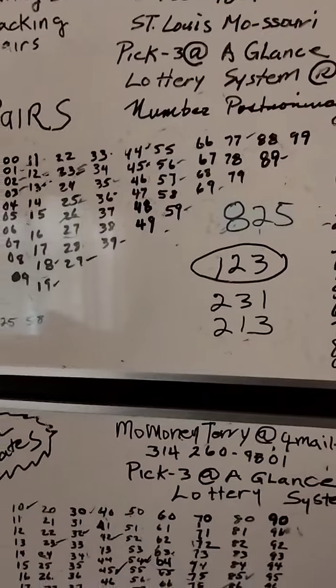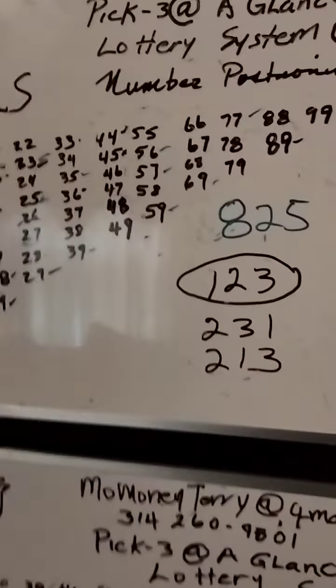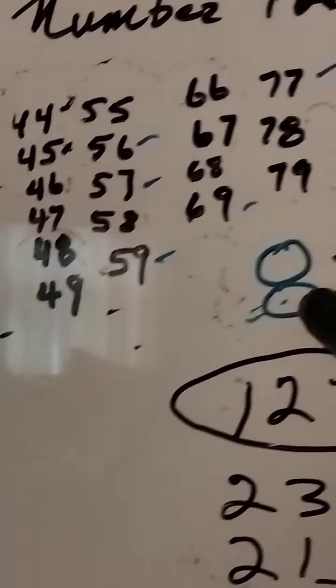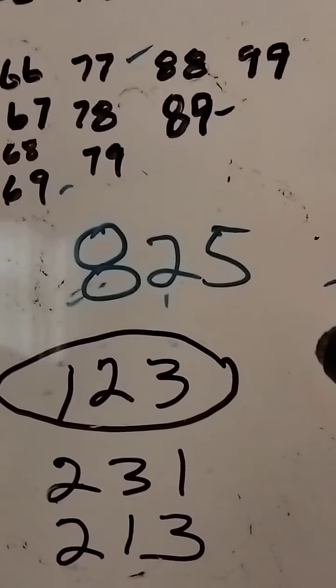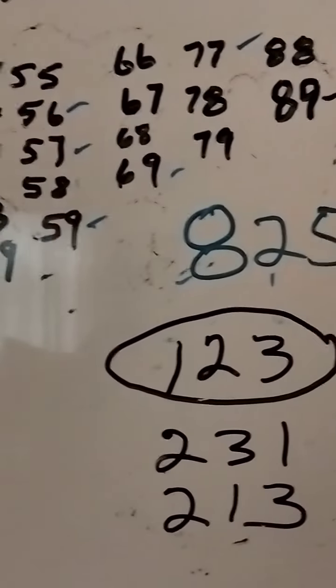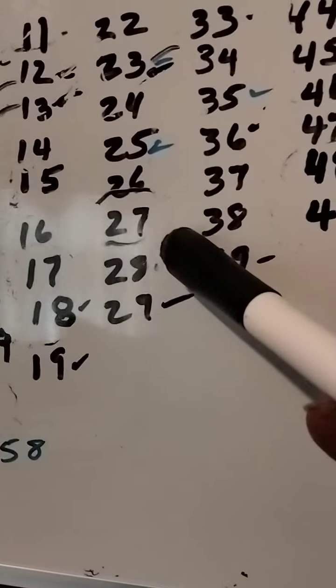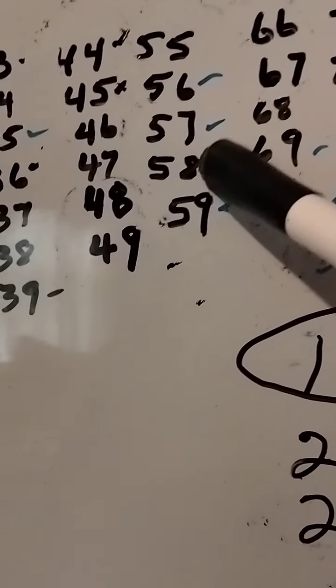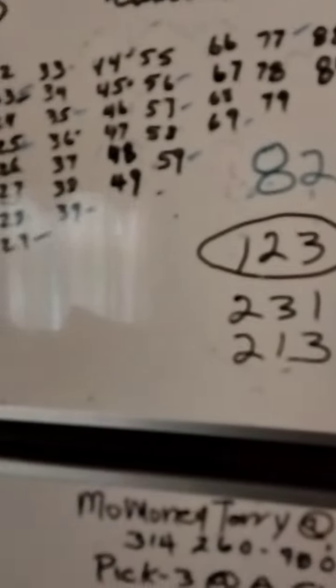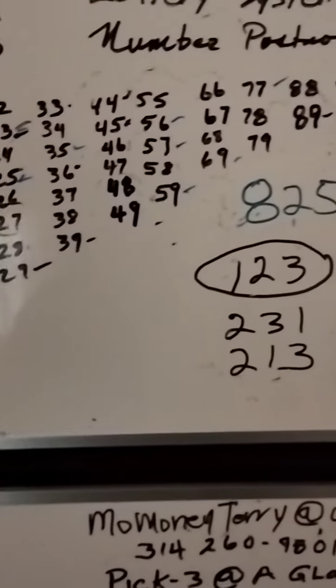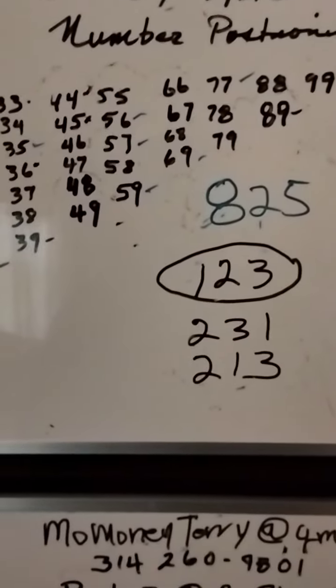I track the pairs. The way I track them, you see where this 825 is? What I do is I mark off the 25, I mark off the 28, and I mark off the 58. All right? Because it's a straight and it's got a 6-way combination, so it's going to have 3 pairs.